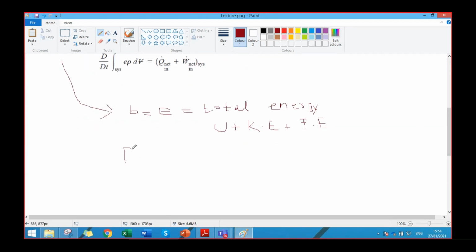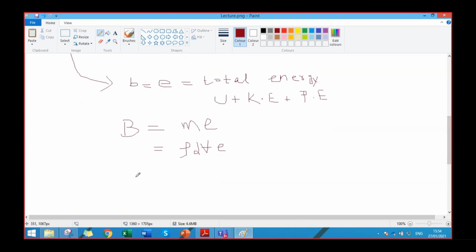So capital B would be equal to mass times energy, right? And mass is basically density into volume into energy. And if we're talking about the whole system, then it would be the integration of this B over the system, right?